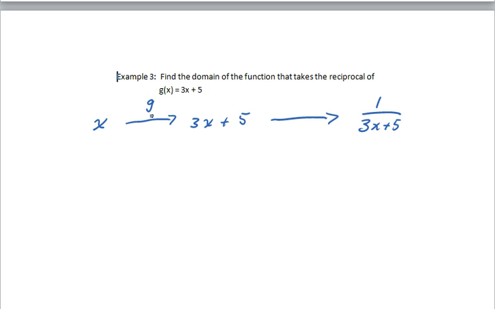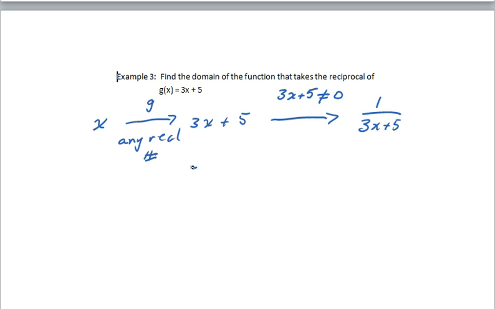So g is a polynomial function, so we can have any real number in its domain. But when we take the reciprocal function in this last step, we know that the 3x plus 5 cannot equal 0.